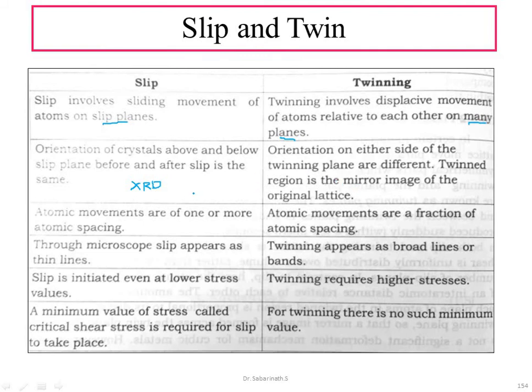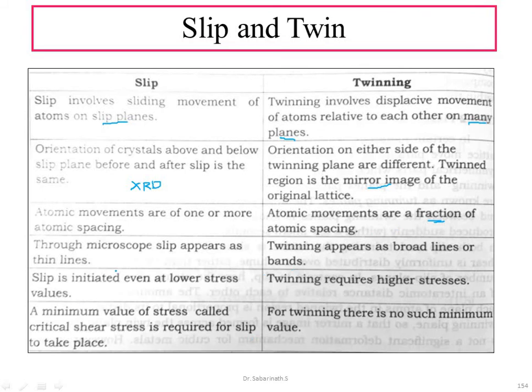Okay, the crystal twinning plane, the oriented sides have different structures, and it will be like a mirror image of the original lattice. Now, next thing is the atomic movements are of one or more atomic spaces. Here the atomic movements are a fraction of an atomic space.